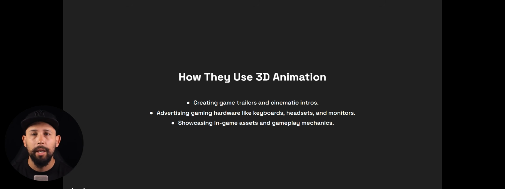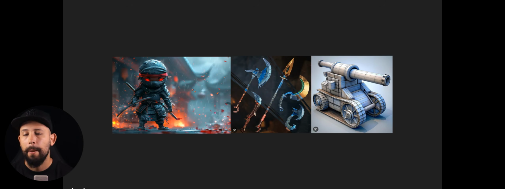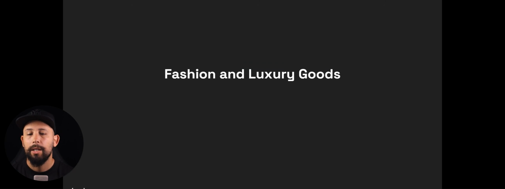And the gaming industry is the most profitable industry until now. The industry that's growing faster, even faster than cinema and entertainment, right? Okay, so some examples of assets, right? Why meshes are important in games, how you do accessories for the marketplace, how you create intros for the game, right?